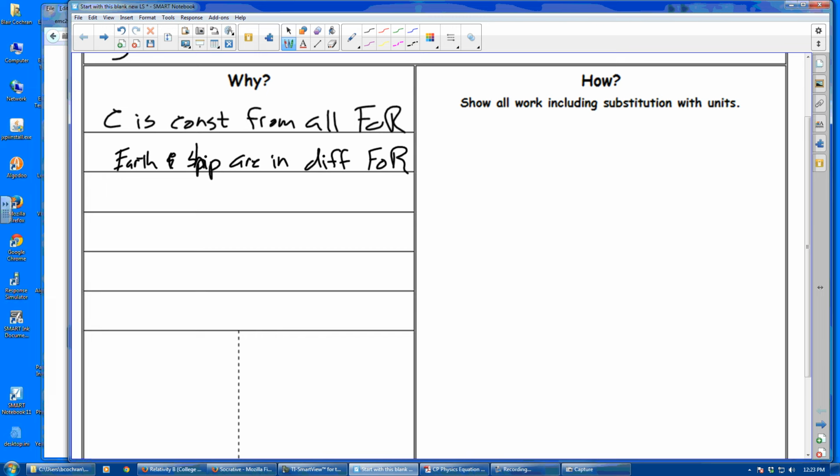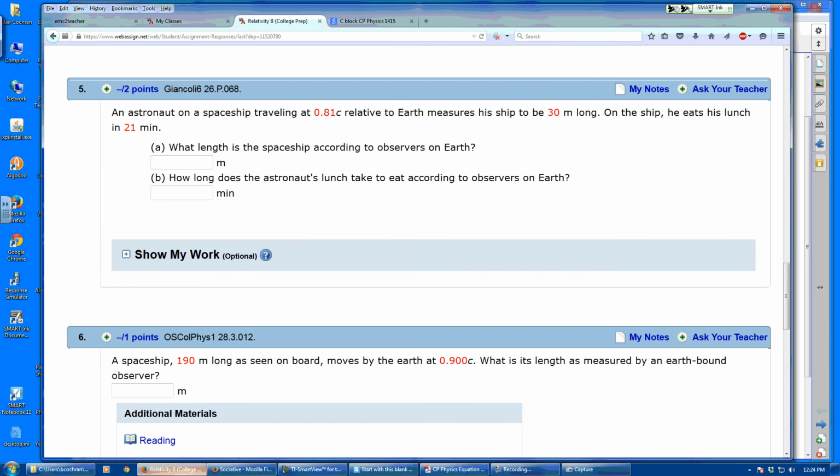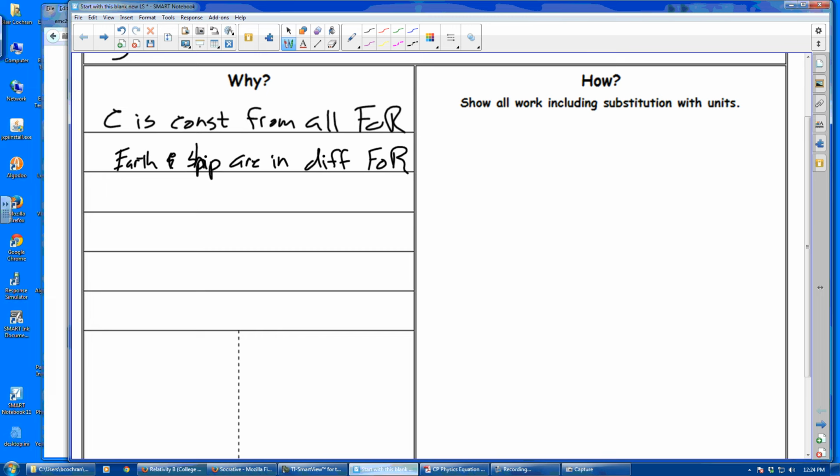And more time. So which one are we going to take as the stationary frame of reference? Since they're both in inertial frames of reference, we could take either one. But they ask for observers from Earth, so we have to take Earth as the stationary. Wherever we want to observe from is always stationary.